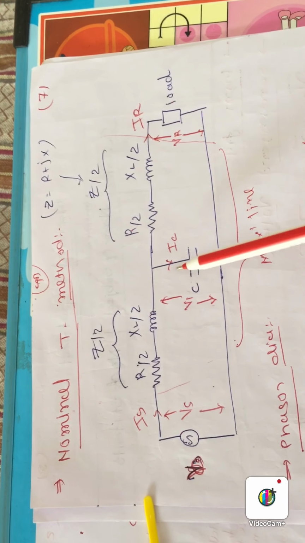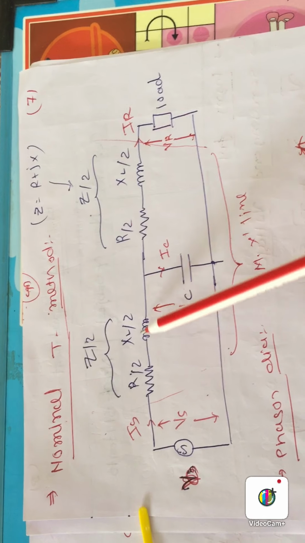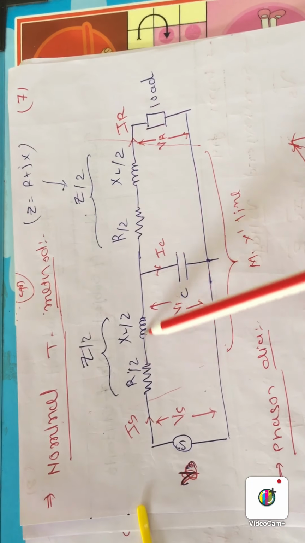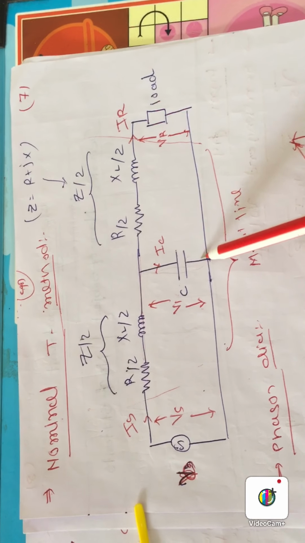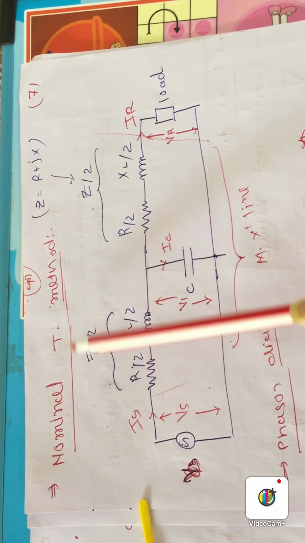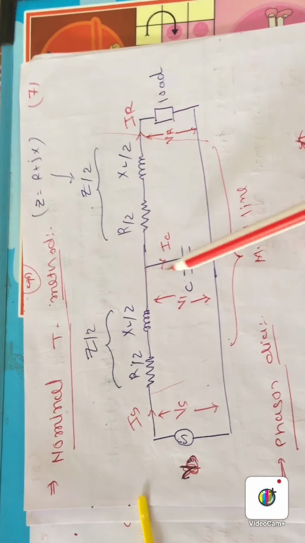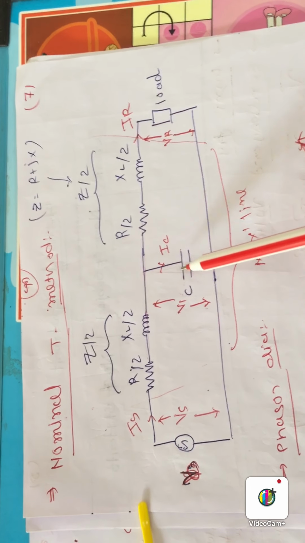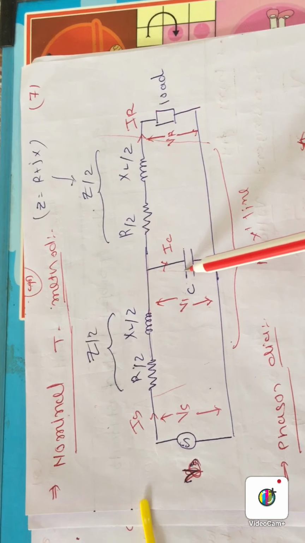Here you can see that the figure is like a T, so this network is named the nominal T method. Why? Because this figure looks like a T. This is the T method of the medium transmission line.